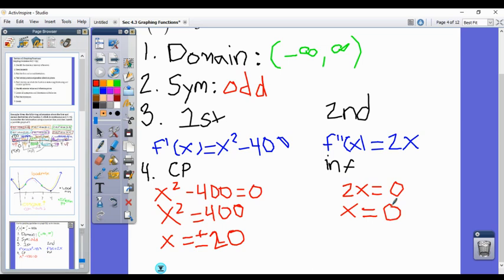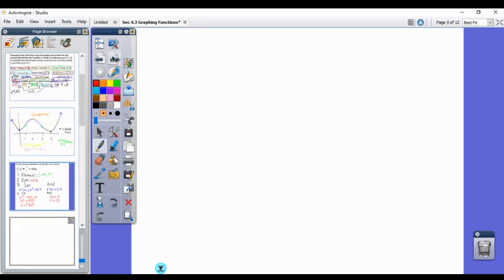Now, step number 5, we're going to make our number line. So I'm going to do this just like I did the first example. I'm going to go to the next page so it doesn't get super smushy. Okay, so negative 20, 0, positive 20.